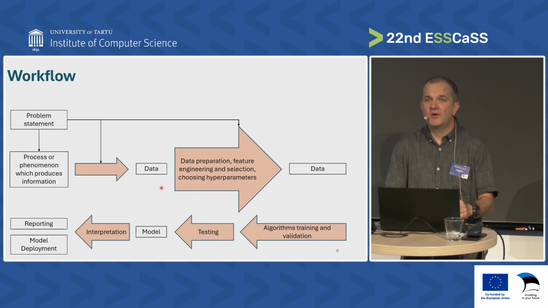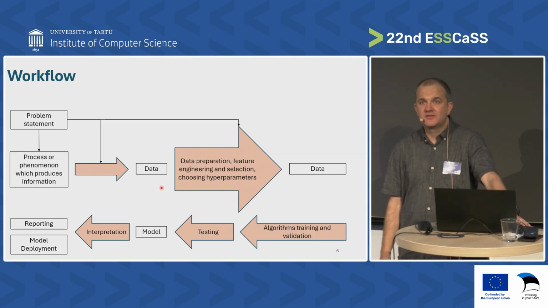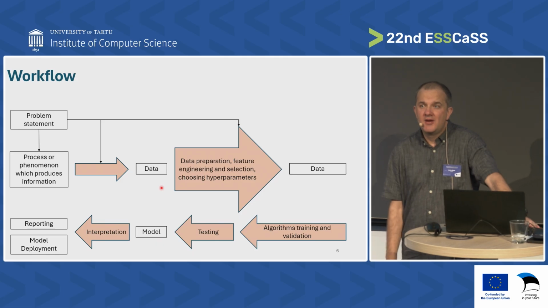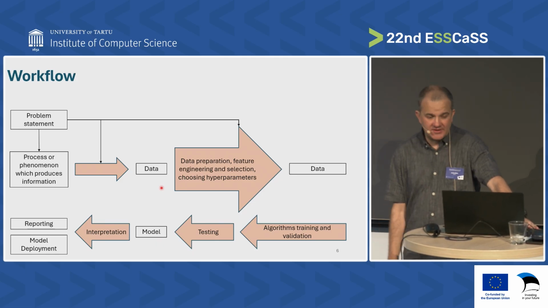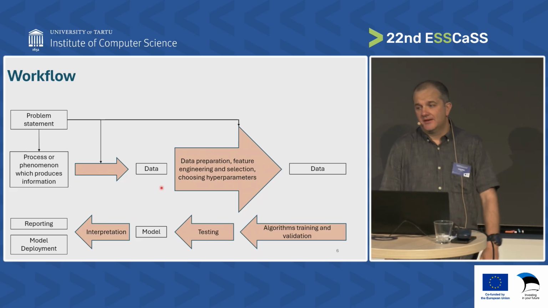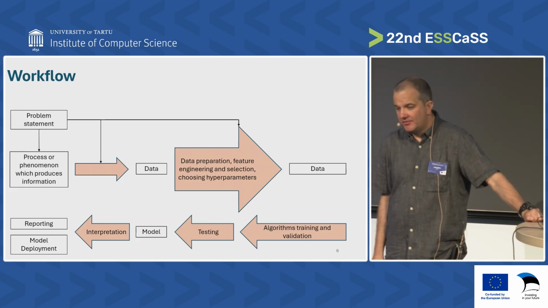For example, why we think that a given individual has Parkinson's disease, or why we think that this is not Parkinson's disease, but may be Alzheimer's or something else. I will touch on this part at the end of my talk.